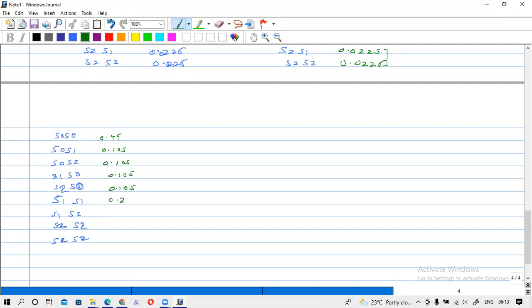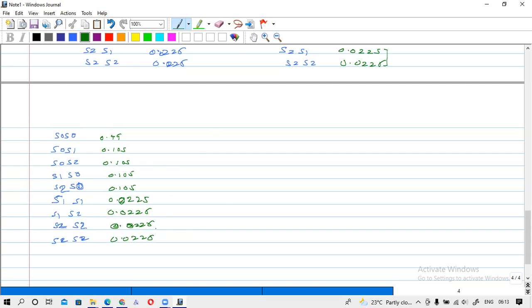And after that, we will get 0.0225, 0.0225, 0.0225, 0.0225, correct? So if I'm making any mistake, please ask, otherwise we will continue. Please ask as soon as you notice any mistake.